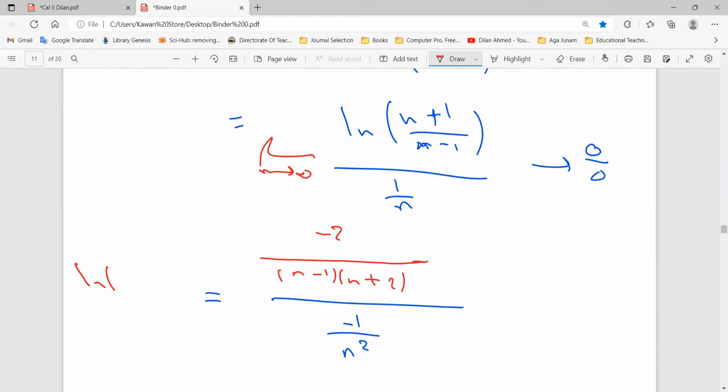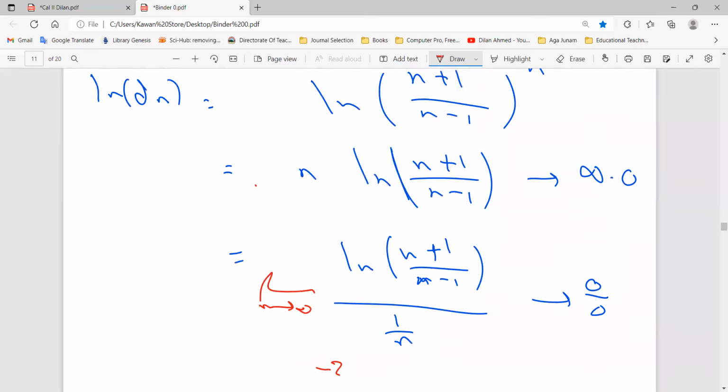I'll get ln of dn again, limit, n approaches infinity. Understood? Any difficulty? Let's check again. Any problem? Any issue? Any comment? Kindly ask, step by step.